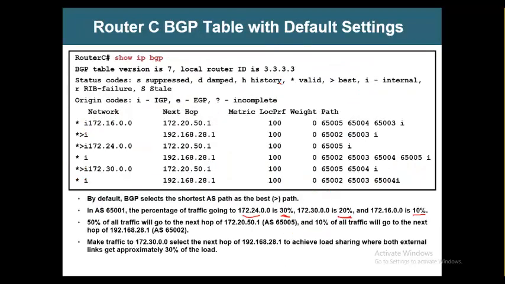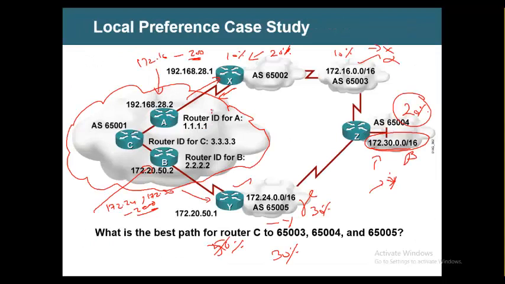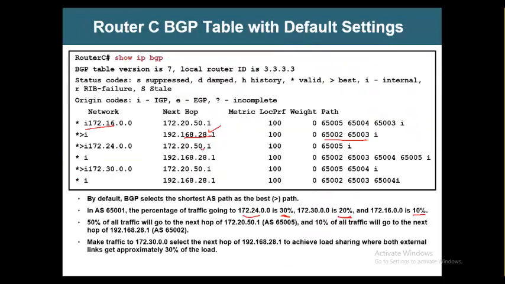Initially, as we spoke, according to the AS path, this is less AS. For 172.16, it is going via 28. You know who is 28? 28 is X. This is X, this is Y. And if you see, via Y, two networks are going, and via X, there is only one network going, which is 172.16, which is only 10%.